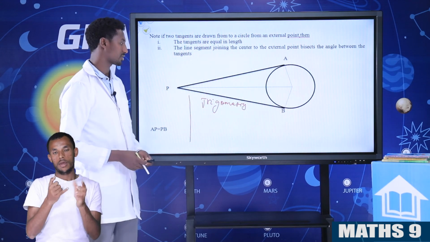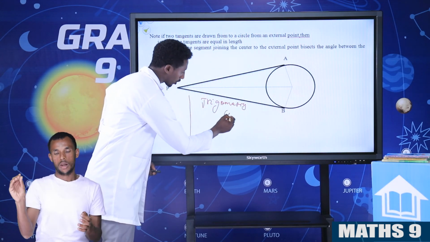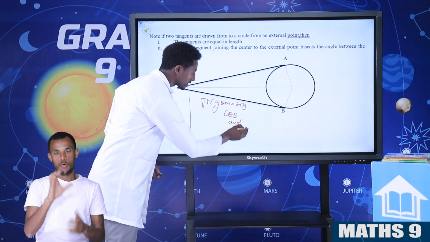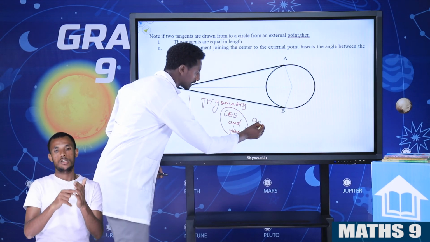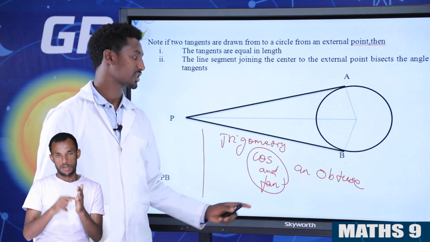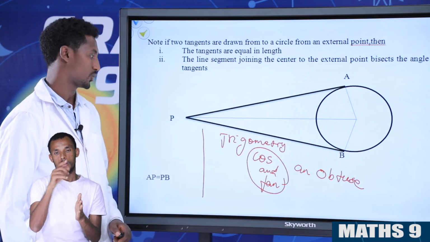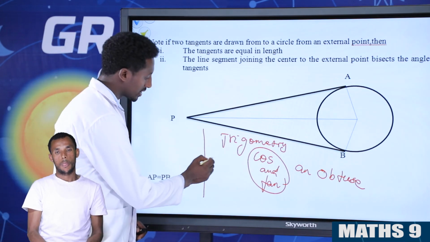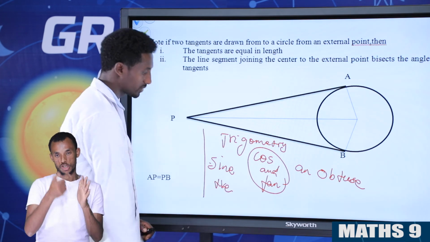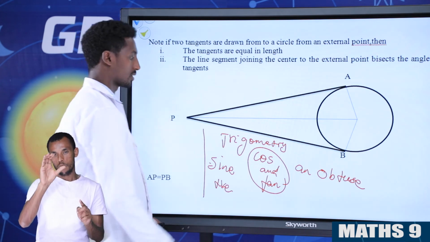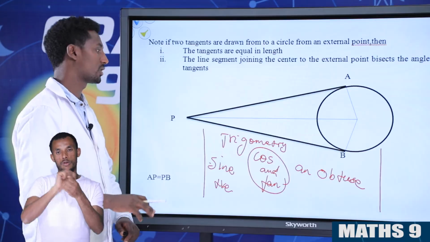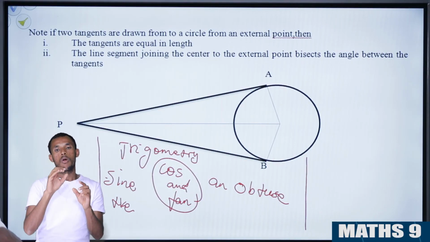The cosine and tangent values of an obtuse angle are negative. They have negative values, but sine has a positive value. And also, angles can be converted from radian to degree and from degree to radian measure, vice versa.